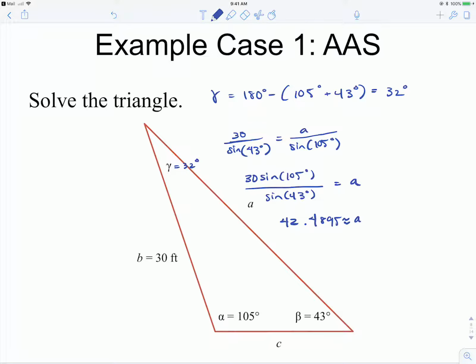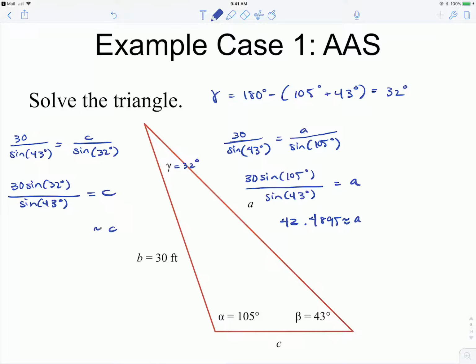So now we're just missing side c. Again, we can use 30 over sine of 43 degrees equals c over sine of 32 degrees. Multiplying by sine of 32 degrees on each side, we'll have 30 times sine 32 degrees over sine of 43 degrees.